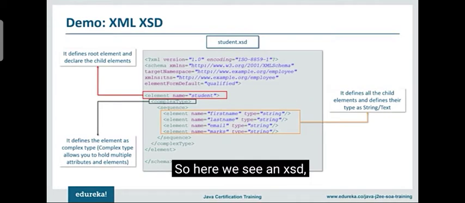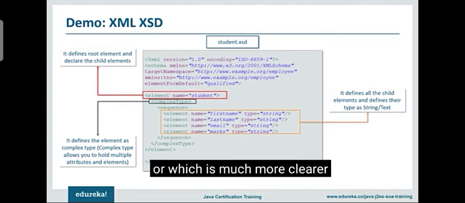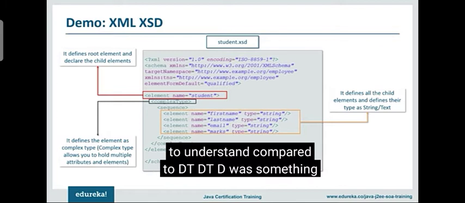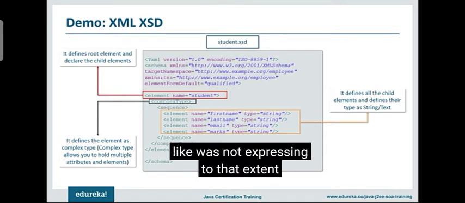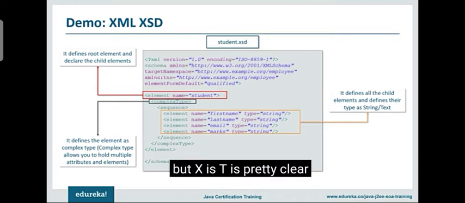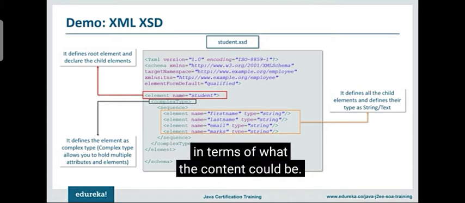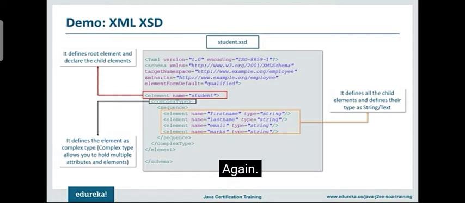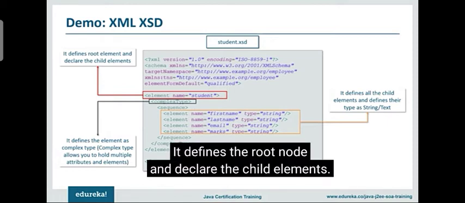Here we see an XSD, which is much more verbose and much clearer to understand compared to DTD. DTD did not express things to that extent, but XSD is pretty clear in terms of what the content could be. Again, it defines the root node and declares the child elements.